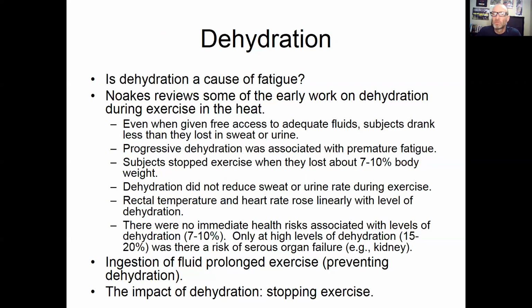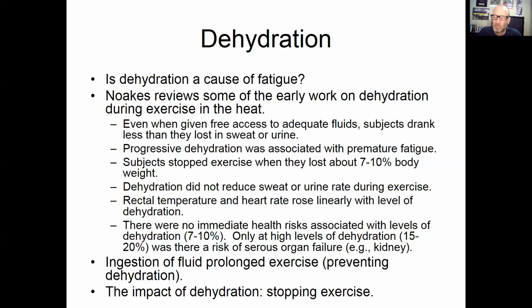Even when given free access to adequate fluid, subjects drank less than they lost in sweat or urine. Progressive dehydration was associated with premature fatigue. Subjects stopped exercise when they lost about 7 to 10% body weight. Dehydration did not reduce sweat or urine rate during exercise.